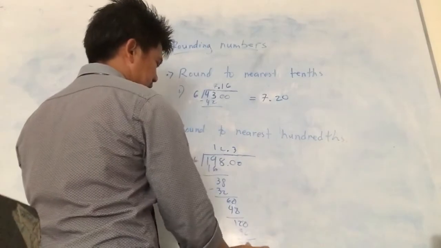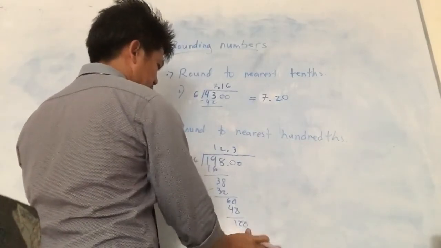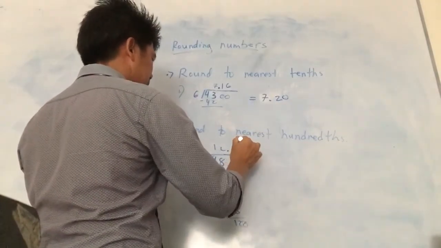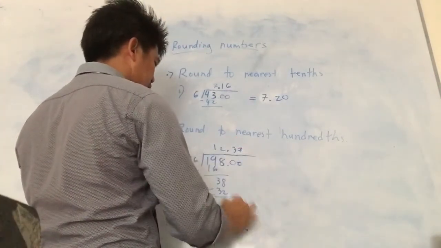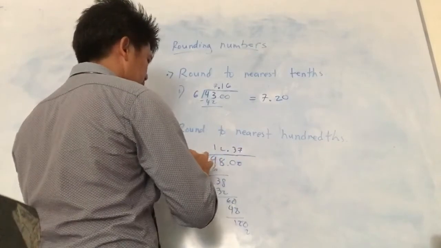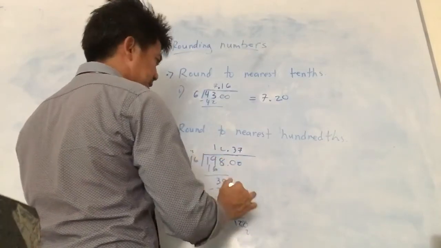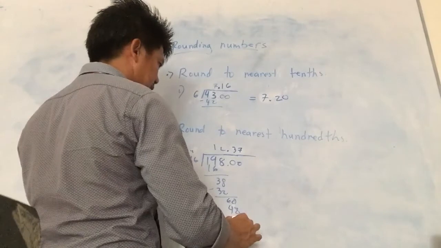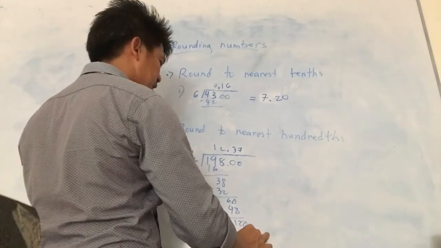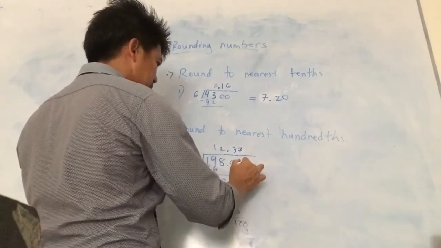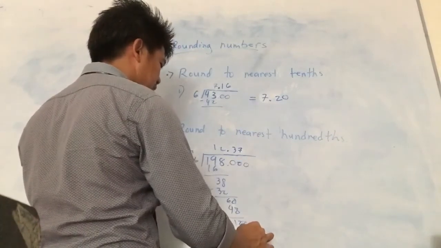So let's have some lower answer, which is 7. This is 7. So this is 7 times 6, 42. 7 times 1 is 7, plus 4 is 112. This is 8, and 8. And add one more 0.